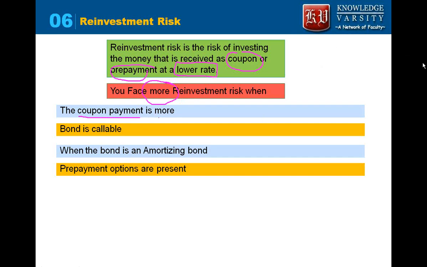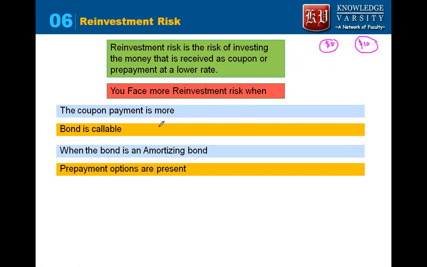So let's say there are two bonds. One bond pays a coupon of $5 and one bond pays a coupon of $10. If the interest rate decreases in the market, you are getting only $5 from the first bond, but you are getting $10 from the second bond. So you have to invest $10 at a lower rate, and your reinvestment risk is more.